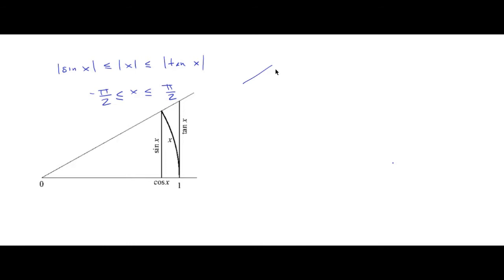So the area of the sector, this is a circular sector, and the area of this is 1/2 of the angle, and the angle here is the absolute value of x. So this is area 1, and the area of this triangle, this is 1, and this is the tangent of x, is 1/2 times the height.